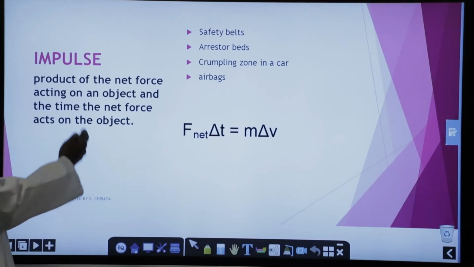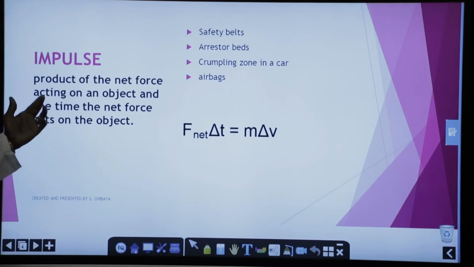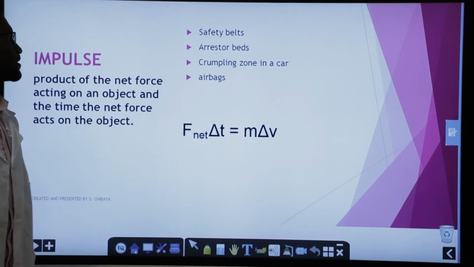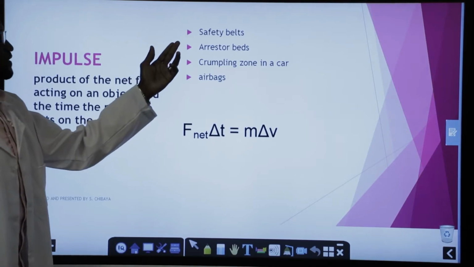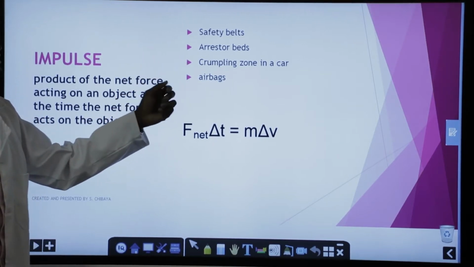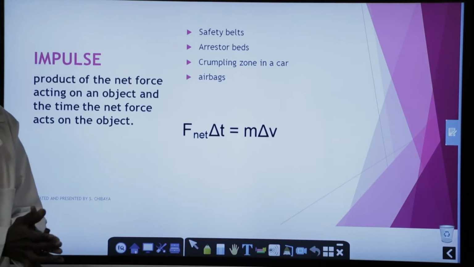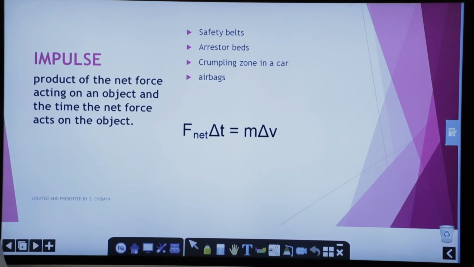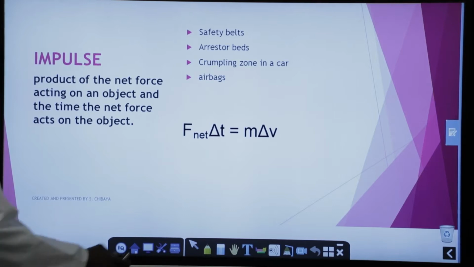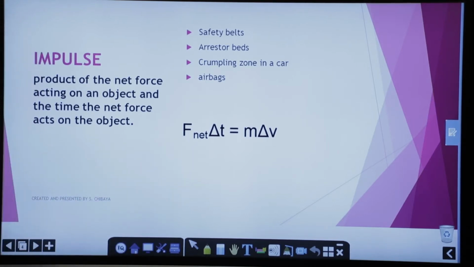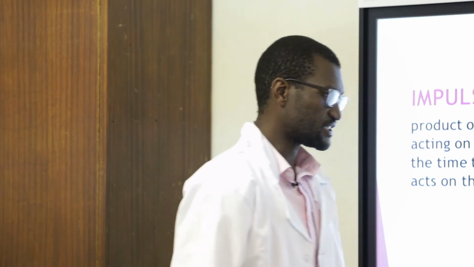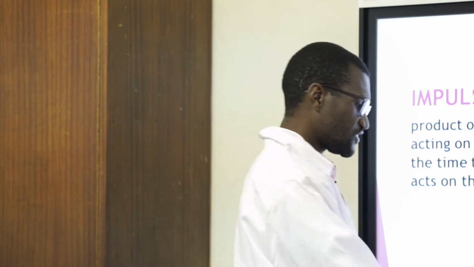I remember telling you that impulse is the product of the net force acting on an object and the time the net force acts on an object. And we explained that impulse has effects in safety, as in safety belts, arrestor beds, the crumple zone of a car, as well as airbags, and an all-important equation that says F net multiplied by change in time is equal to mass times the change in velocity, which is basically the change in momentum.